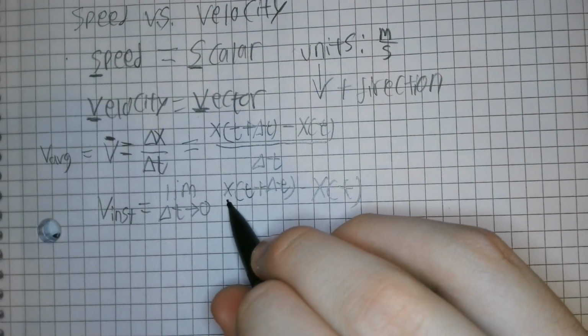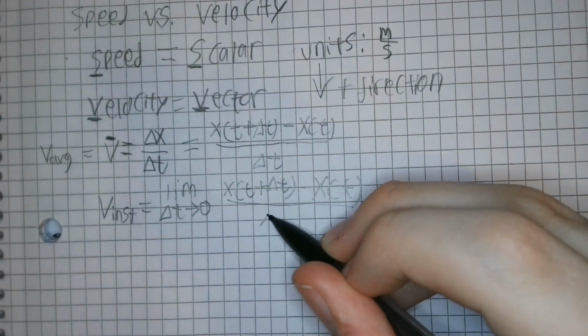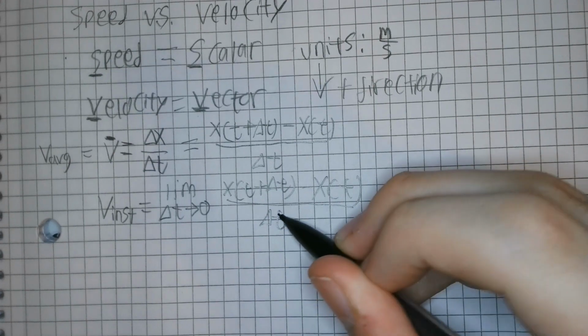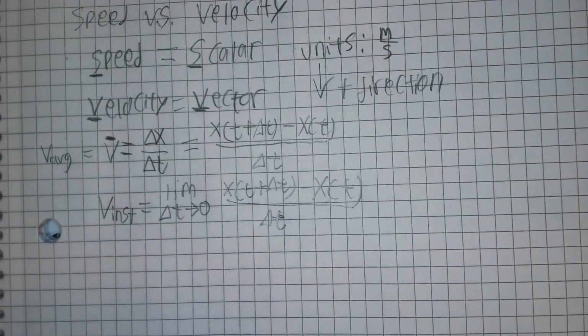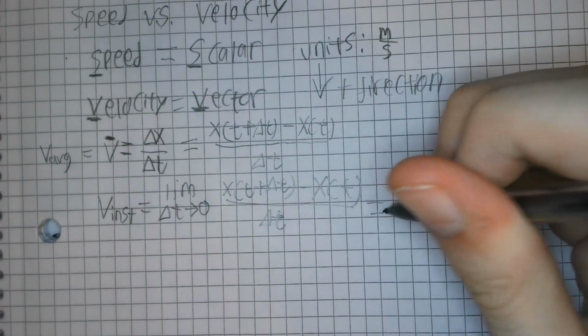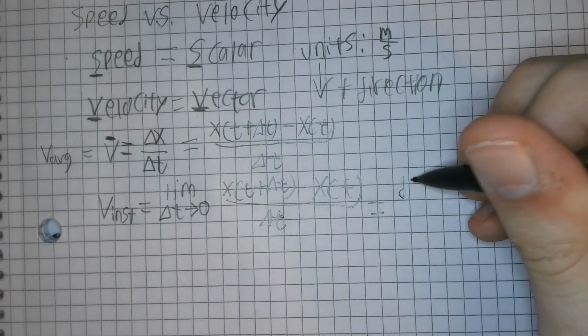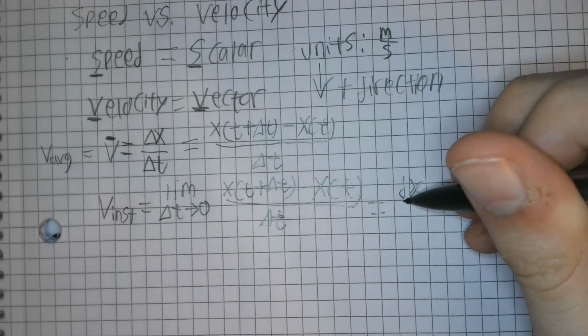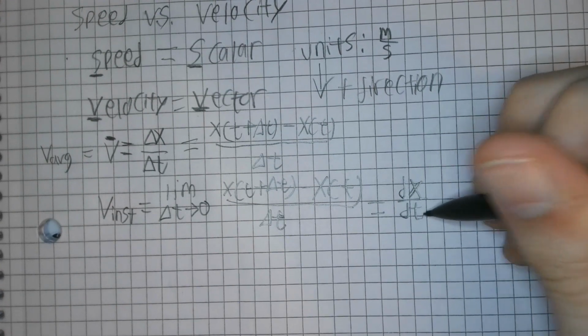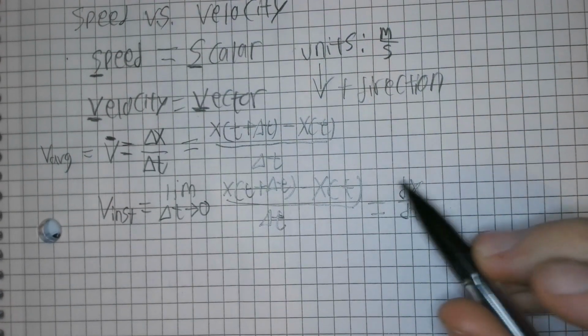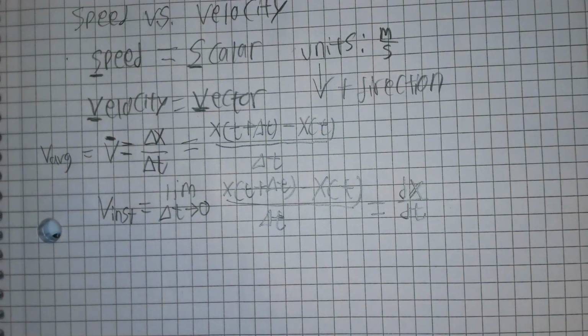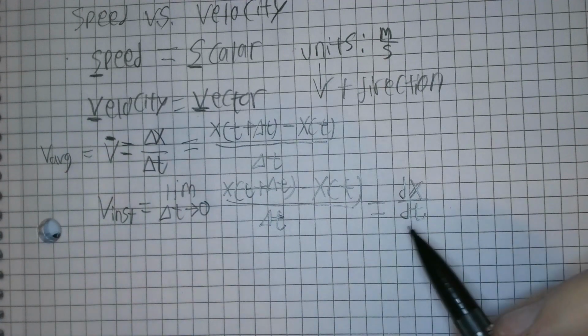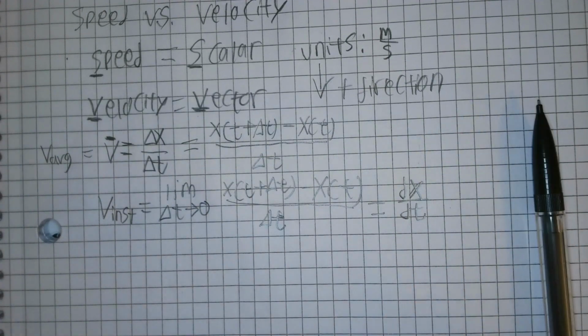Now I'm just going to divide everything by delta t, which will be near 0 as well. And what we're going to find is that if you know calculus, this is the exact definition of a derivative. Here, dx is some very, very small change in our position x, and dt is some very, very small change in time.